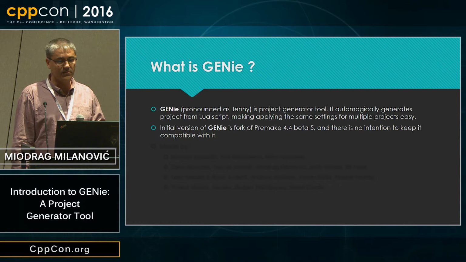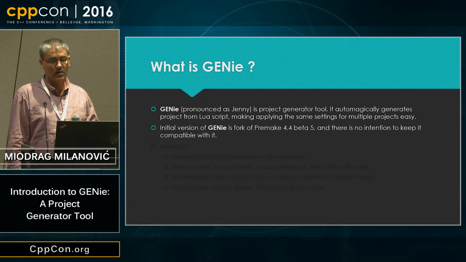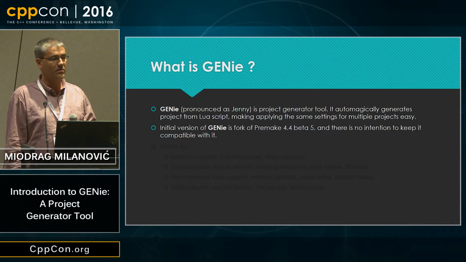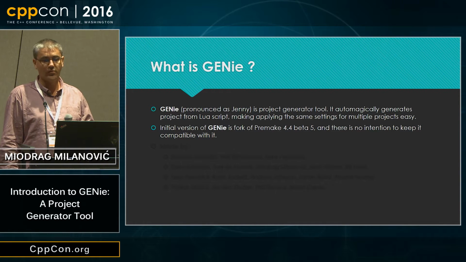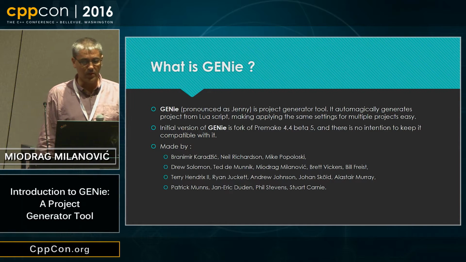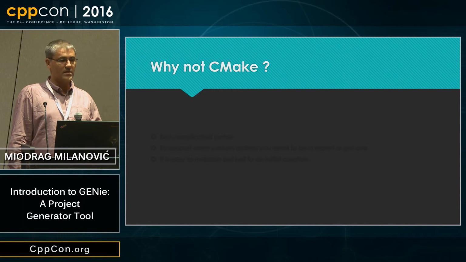The reason for making a fork is that the main distribution was not maintained, and there was a need to add new support for new compilers. It is made by a group of people, me included.